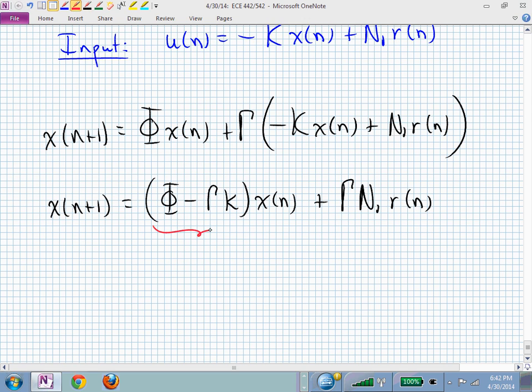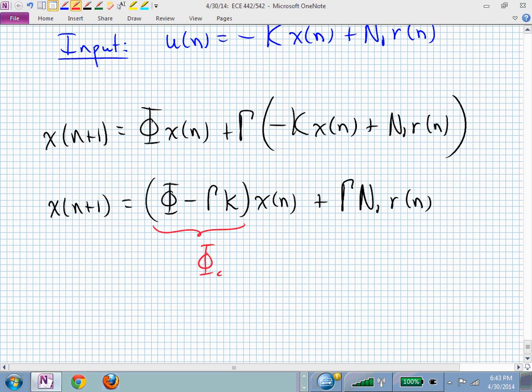So we haven't changed our closed loop system matrix. If we were happy with our choice of the full state feedback gain matrix K, we can keep it. We have the same full state feedback gain matrix. What we have introduced is the ability to now command or control our system.